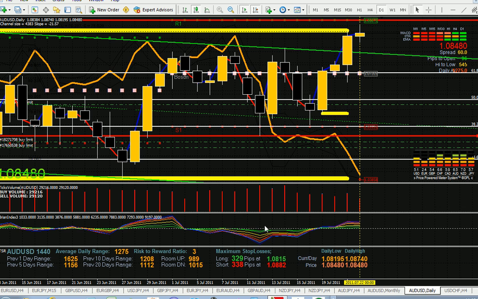On this chart you obviously have Brian's index showing you the way the currencies are currently going. You have the volume buys and sells, and these help you make very good decisions.